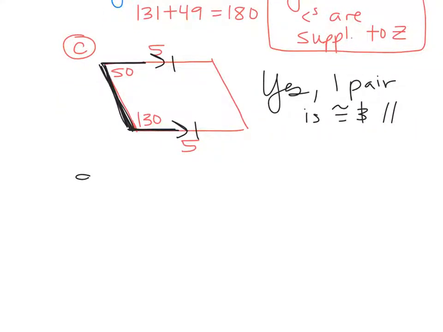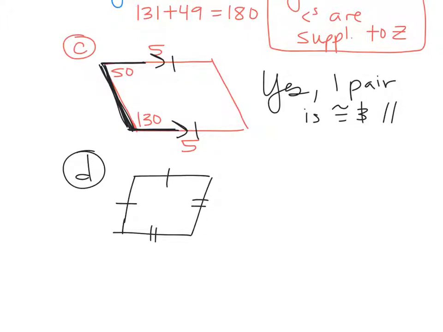All right, last one of these. Parallelogram? Yes. Why? No, because they're not opposites. Consecutive sides are congruent, but not opposite sides, right?